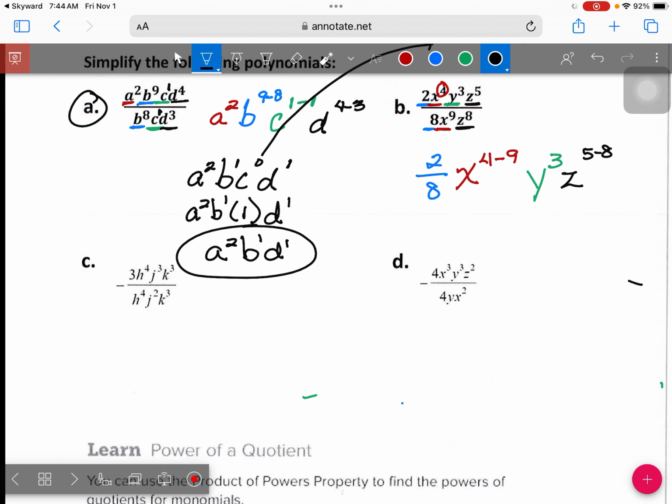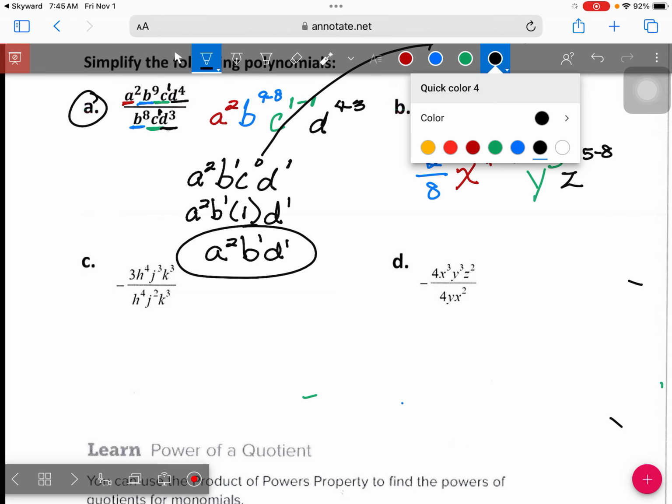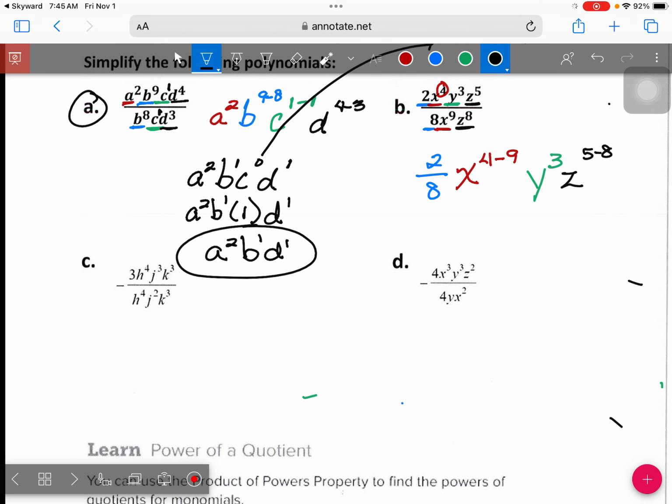All right, let's simplify this a little bit. This is a fraction. This is not 8 divided by 2. It is 2 divided by 8. What number divides into both of those that I can simplify? 2. So if I divide by 2 over 2, because that's really 1, I'm not changing the answer, I'm just simplifying it.